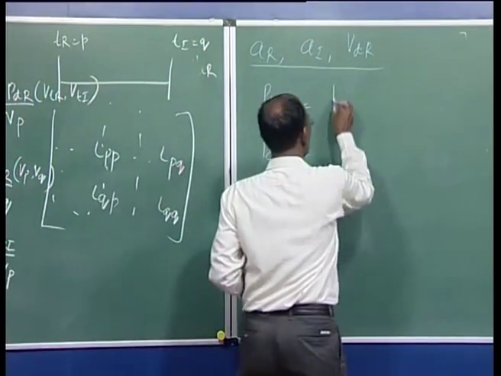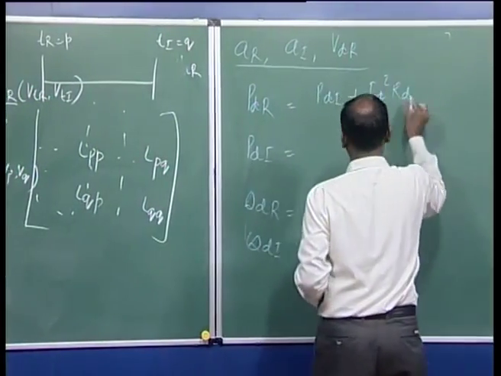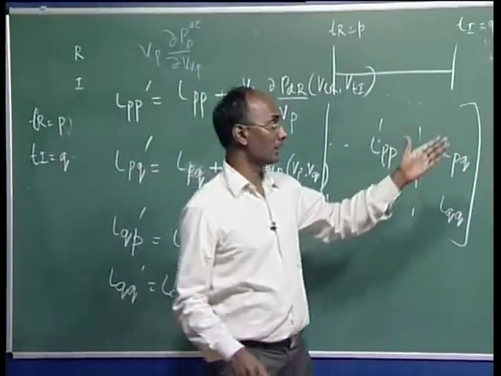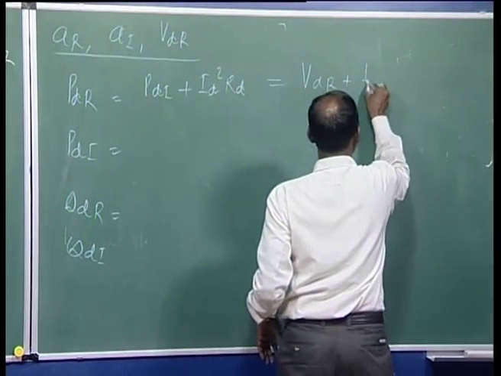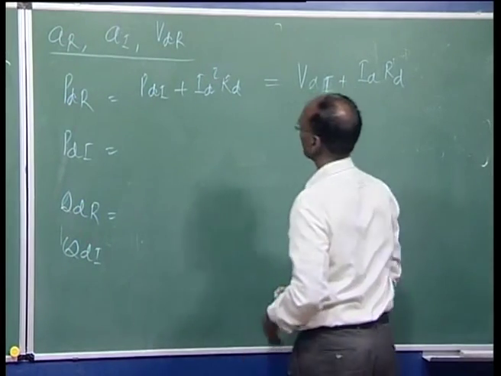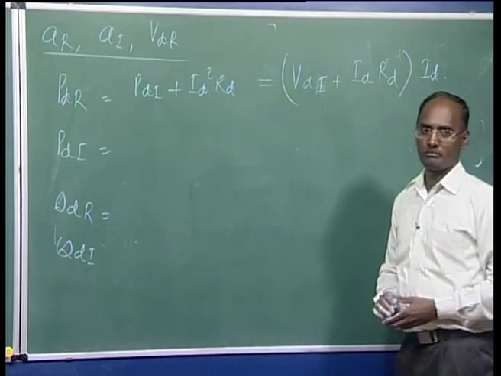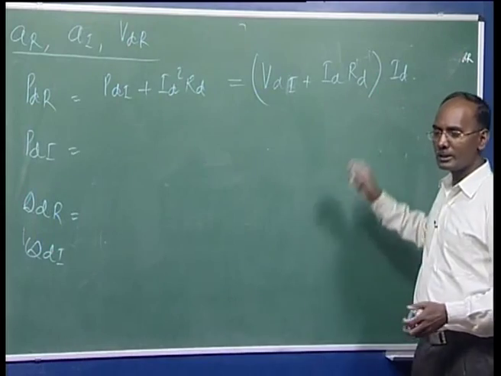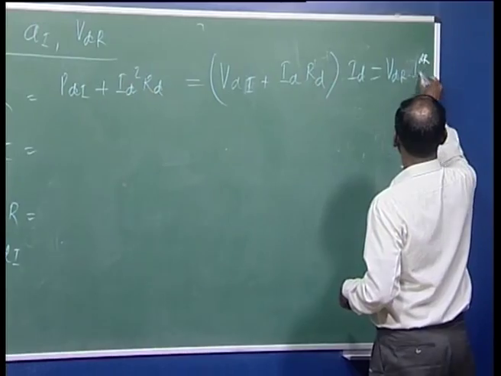We can write it as PDI plus the losses, ID square RD. If you remember, earlier what I wrote was VDR into ID, no, VDI into ID. What I wrote, this VDR into ID is the PDR.